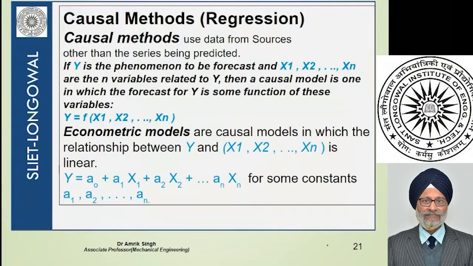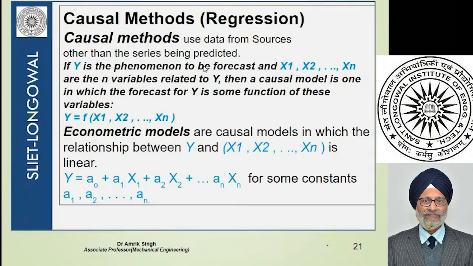Now, causal methods, which are also known as regression methods. In some of the books, causal methods are also written, but causal is the most appropriate word to be used. Causal methods use data from sources other than the series being predicted.